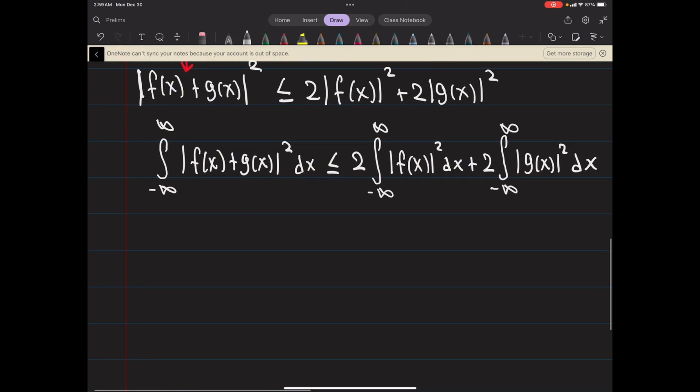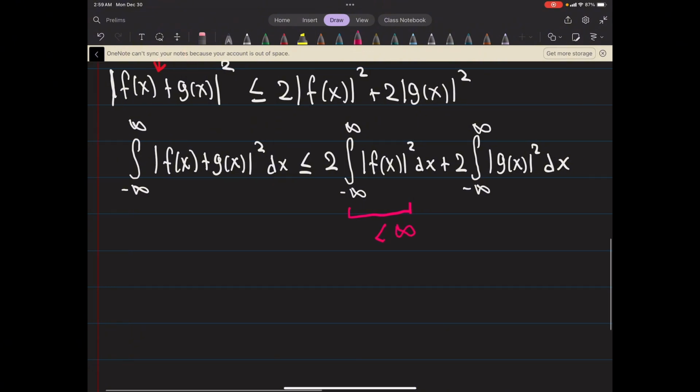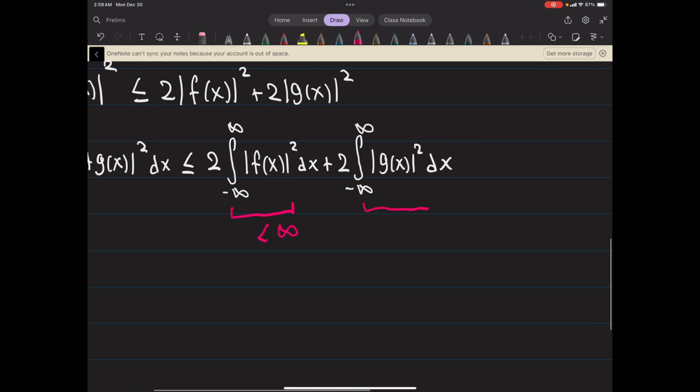Now why is this useful? Well, again, we know f(x) and g(x) are square integrable, which means this is going to be less than infinity. That's just the definition. But g(x) is too, so that's going to be less than, well, I have it backwards, don't I? A little silly of me. That's less than, no wait, I had it right.